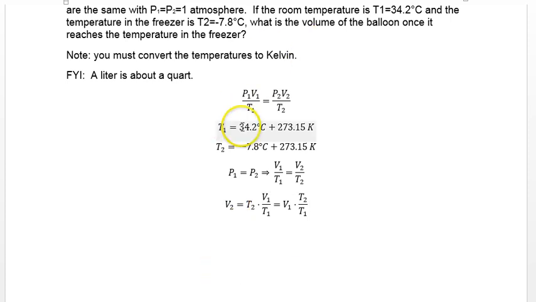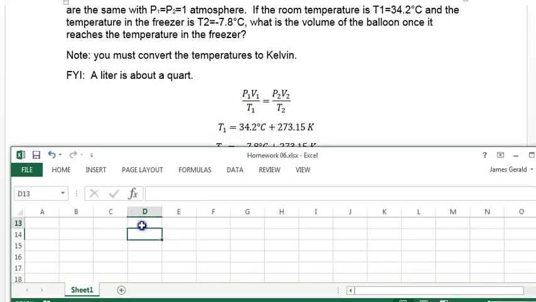Let me go ahead and get these numbers, simplify life a little bit. So we have 34.2, and we have minus 7.8, and to both of those, we need to add 273.15.